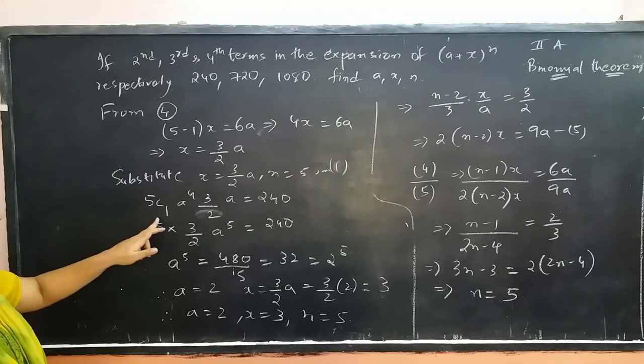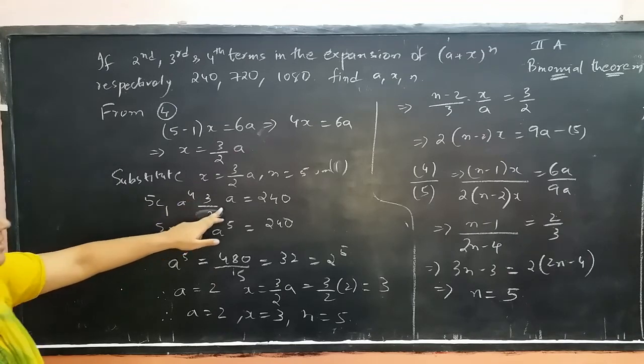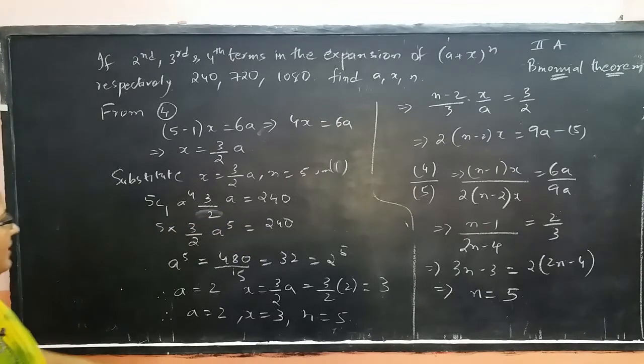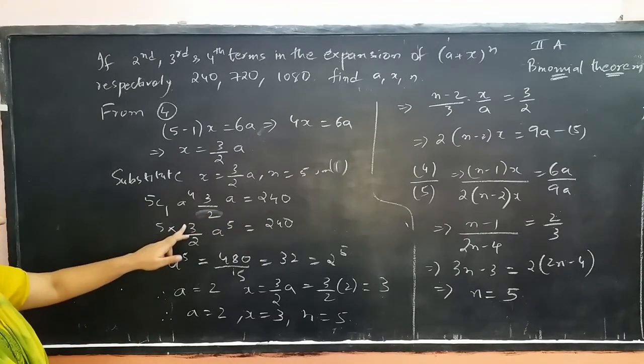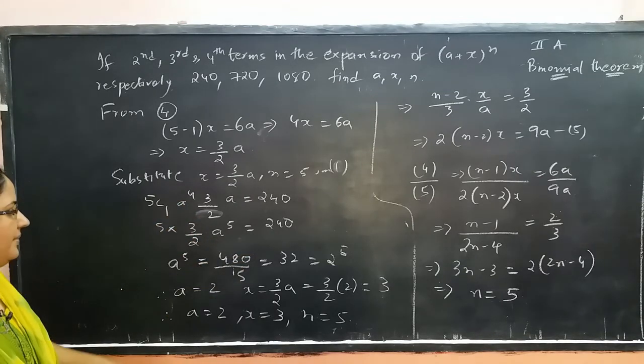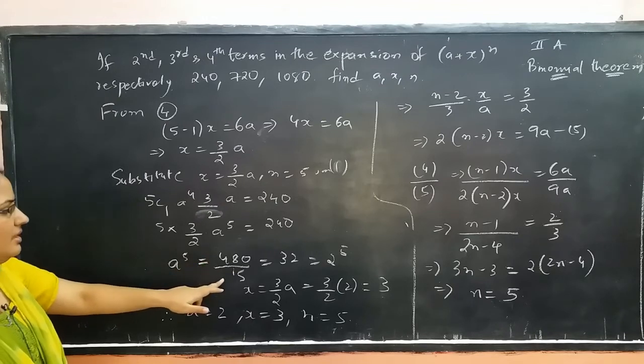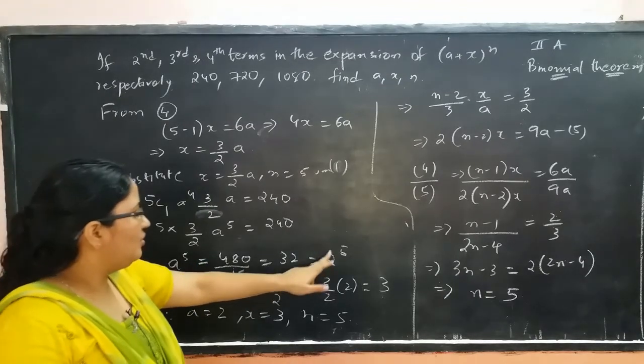So you have 5c1 a power 4 into 3 by 2 a is equal to 240. 5c1 is 5. 5 into 3 by 2 into a power 4 into a, that is a power 5, is equal to 240. Now a power 5 is equal to 480 by 15, that is equal to 32, that is equal to 2 power 5.